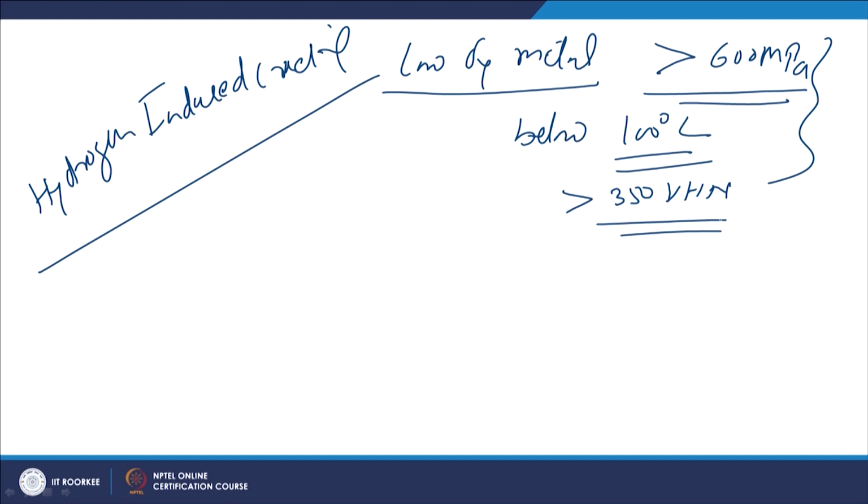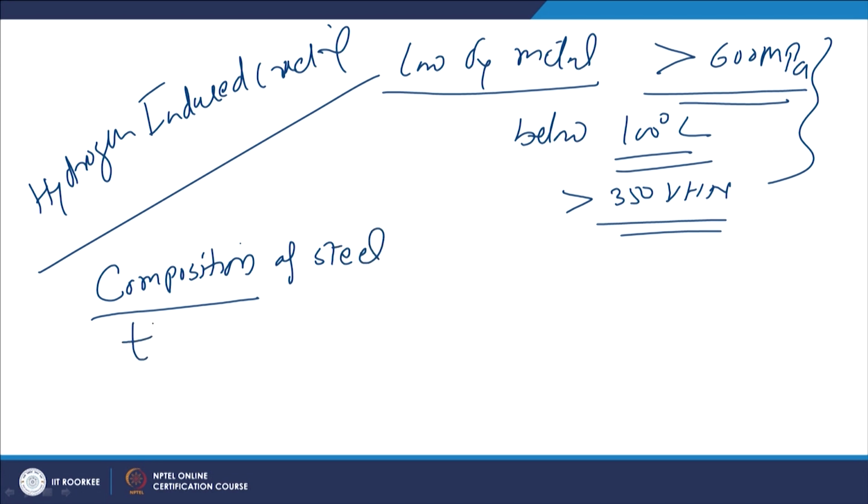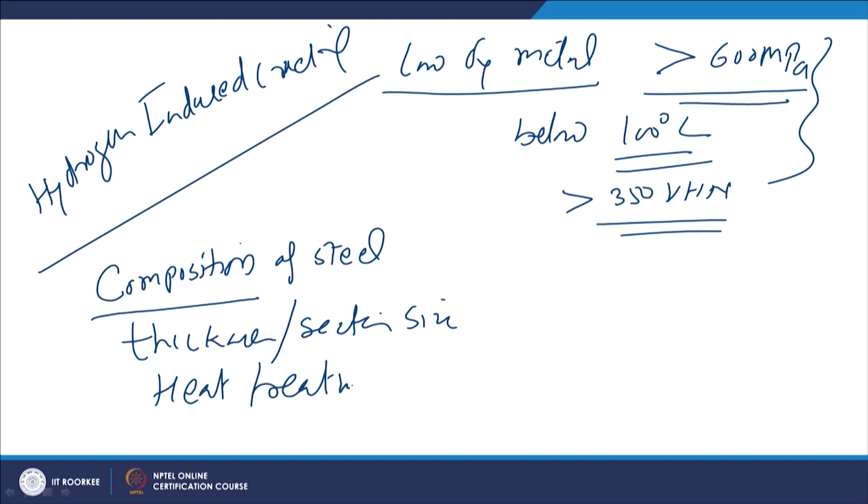And if we see, the tendency for hydrogen induced cracking is influenced by the composition of the steel which is being considered, its section thickness or section size, and heat treatment condition.